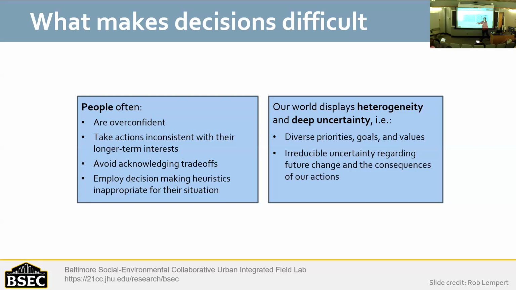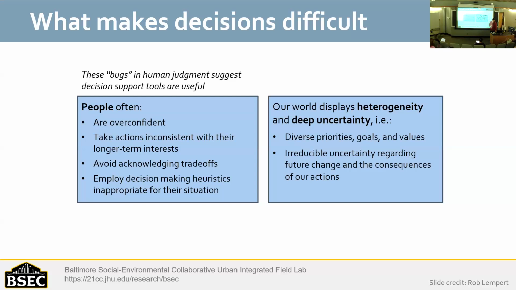So this exists in the context of a world that's very heterogeneous and diverse, and also has significant uncertainties. So we struggle to make decisions on our own, but are also in the context of having diverse priorities that we need to consider, and irreducible uncertainties that we need to deal with.